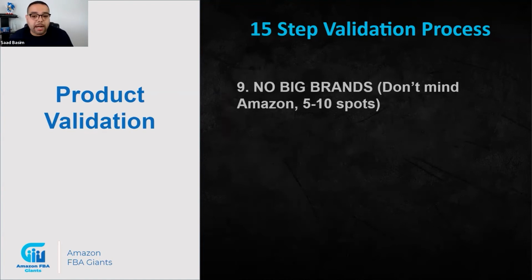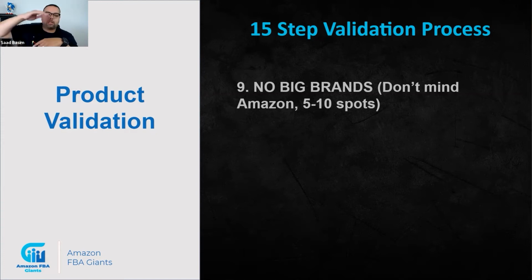Now, number 9, no big brands. I don't mind Amazon, but in the 5-10 spots. Now, no big brands. Like, for example, you get into toys and all of a sudden you see this keyword that you're competing on is basically Iron Man costume or superhero costumes. And all of a sudden you see, searching that keyword and the top 10 competitors, you see the same competitor over and over.